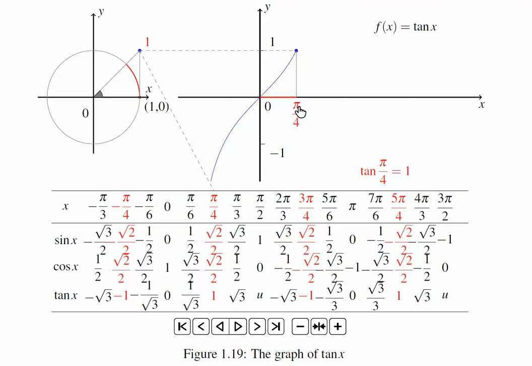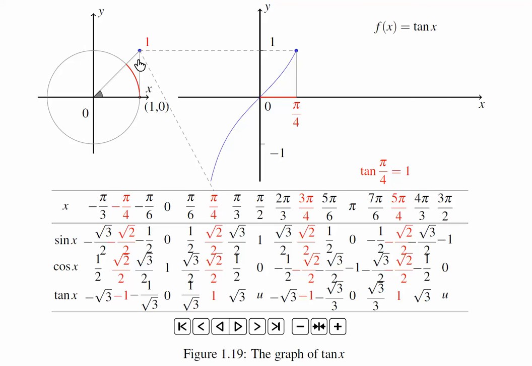So when x is pi over 4, the tangent line is actually 1, from 0 to this height. This will be value y. From this unit circle, you may also see this angle 45 plus this angle 45 plus the right angle 90 together make 180.